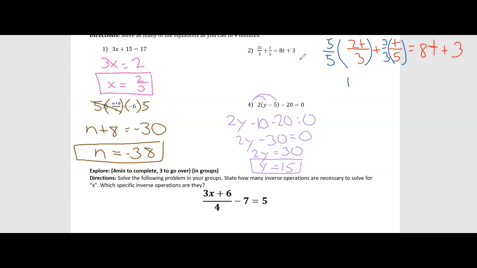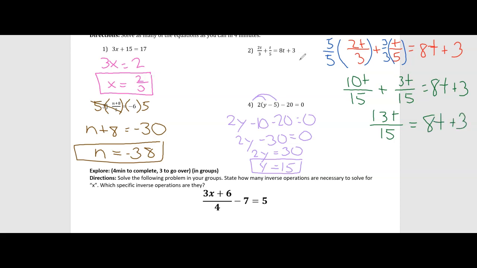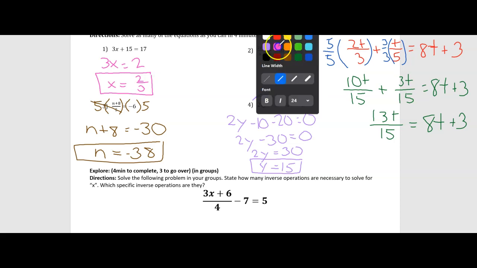Once I simplify, I get 10t over 15 plus 3t over 15 is equal to 8t plus 3. Combine my fractions now, so I get 13t over 15 is equal to 8t plus 3. I'm now going to multiply both sides by 15.